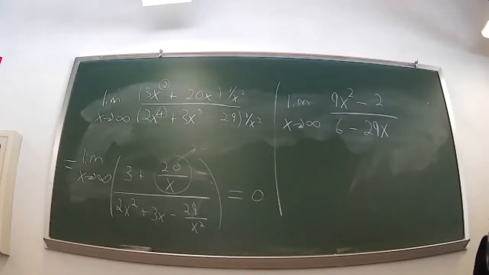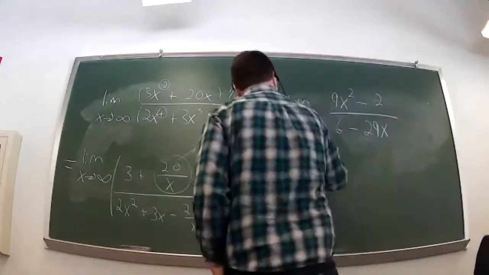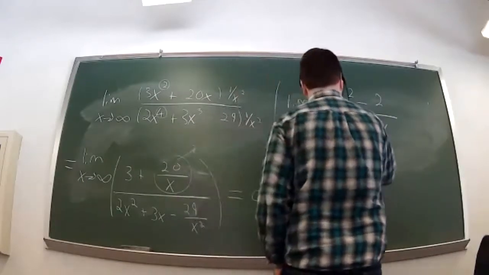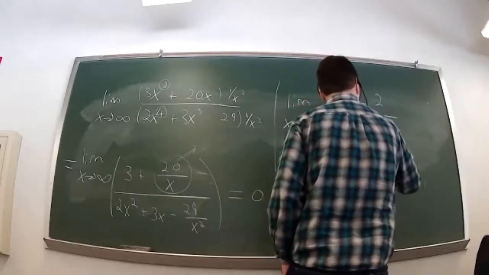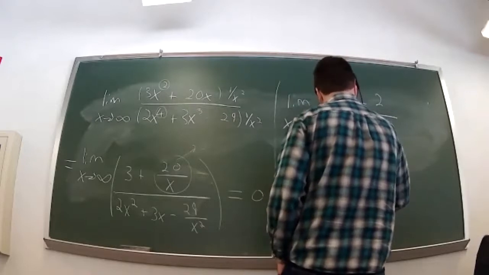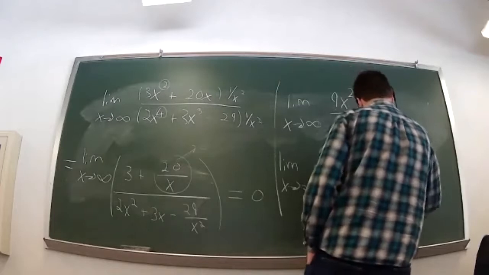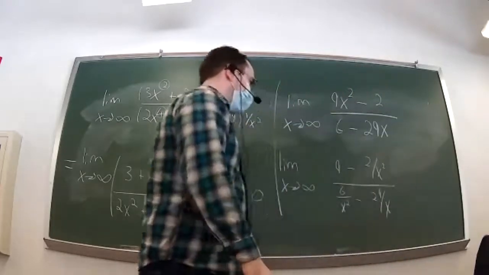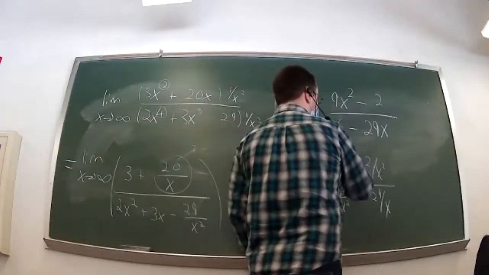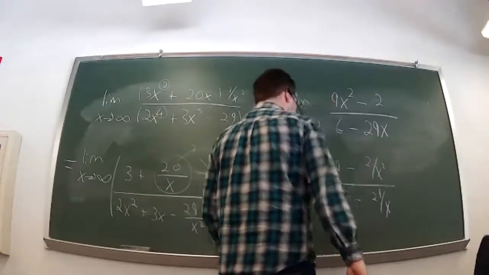So what you end up with, dividing top and bottom by x squared, you get 9 minus 2 over x squared over 6 over x squared minus 29 over x. So as x goes to infinity, this numerator is tending towards 9 and the denominator is tending towards 0.